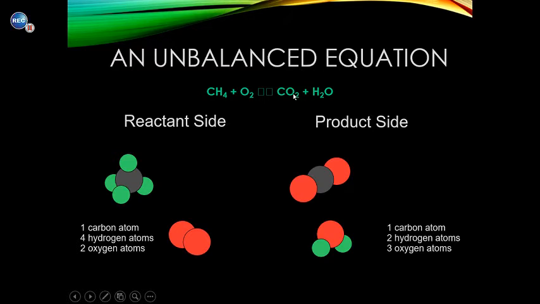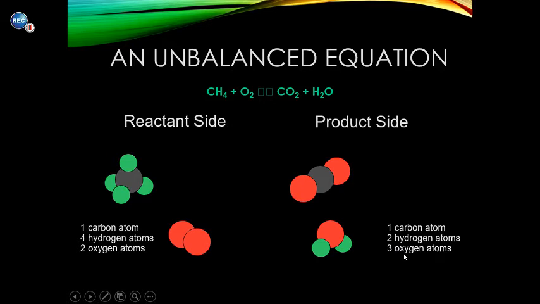In our product side, we have 1 carbon, 2 oxygens, and an oxygen and 2 hydrogens. They're using colors so that you can see. Based on that, you have 1 carbon, 4 hydrogens, 2 hydrogens, 2 oxygens, and 3 oxygens.